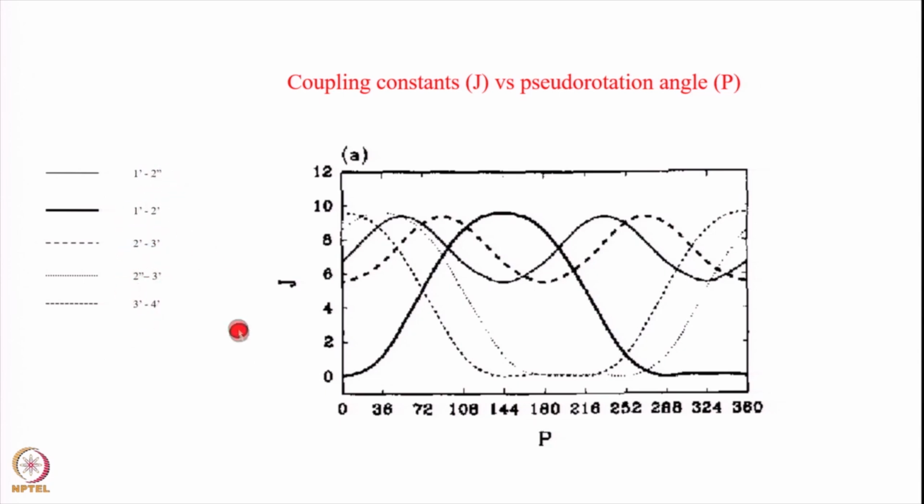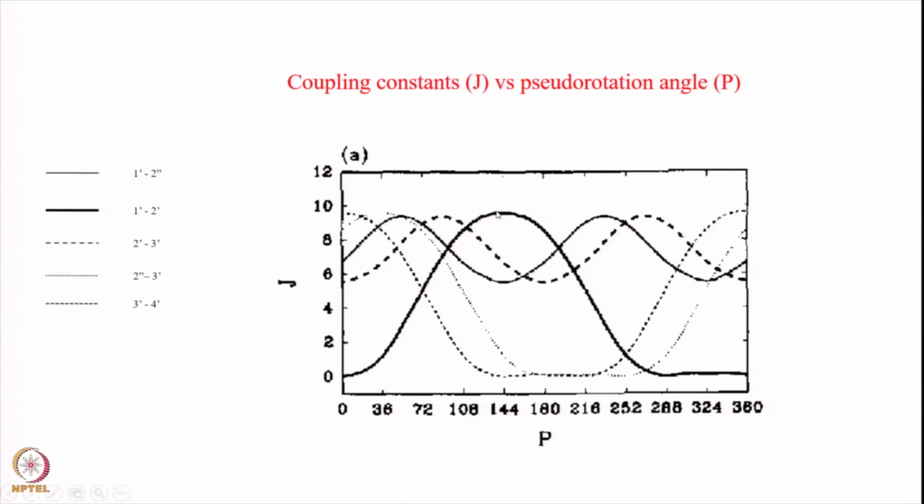And these depend on the conformation of the sugar ring, and you can see that from here. These are plotted here, the coupling constants vary with P in this manner. This big one here is the 1 prime 2 prime coupling. This peaks here at about 10 Hertz, which is the coupling constant for the C2 prime endo geometry. Okay, for the C2 prime endo geometry, this 1 prime 2 prime coupling is 10 Hertz.